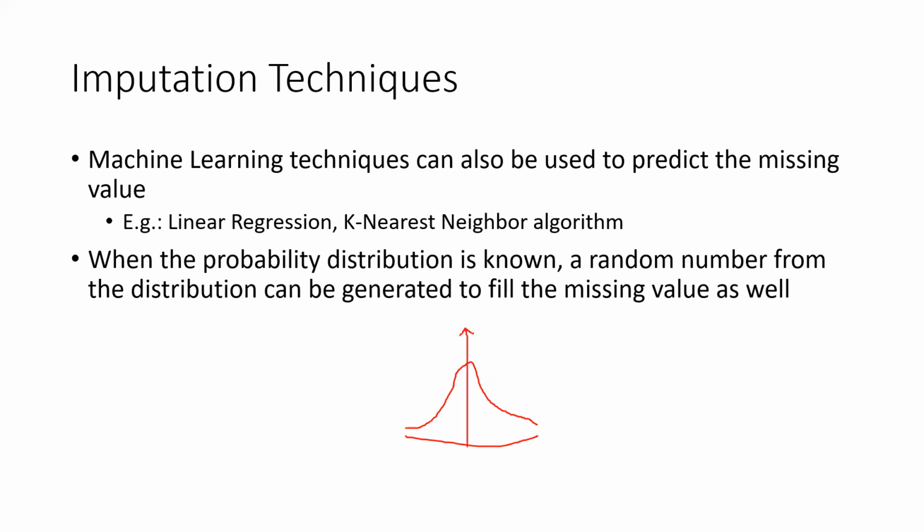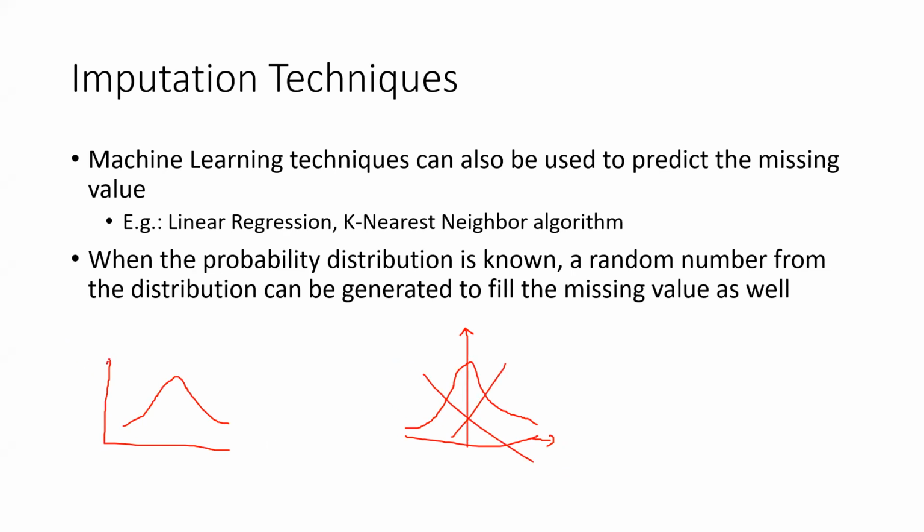I am writing with my unfamiliar hand, so forgive me for my drawings. Heights cannot be negative, so sorry, you get the point. So you have a normal distribution of heights.